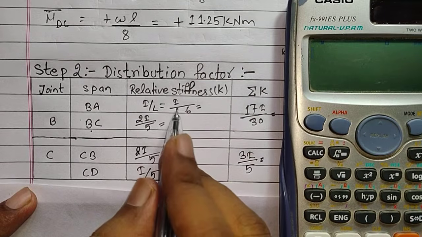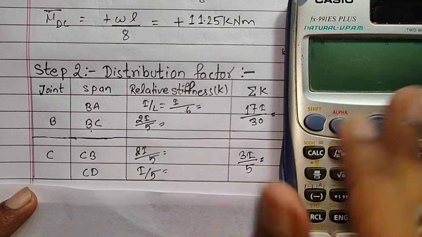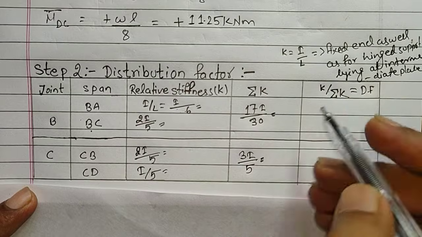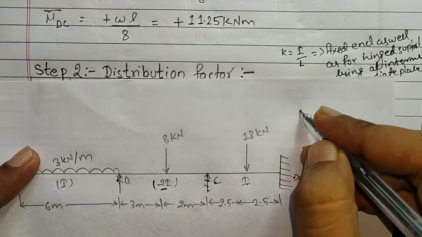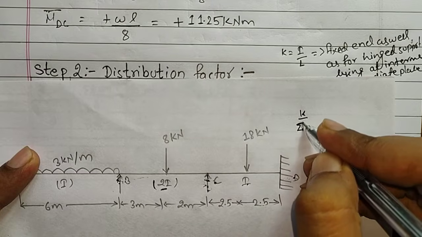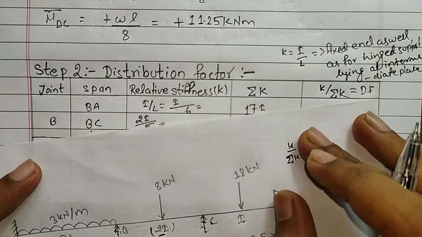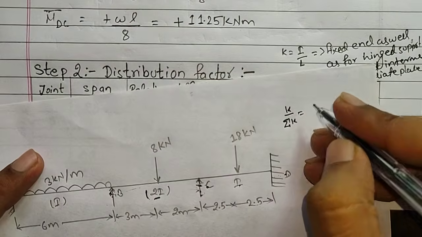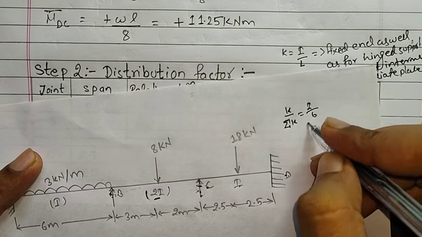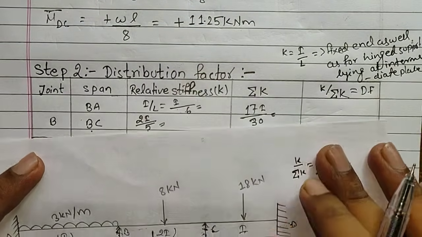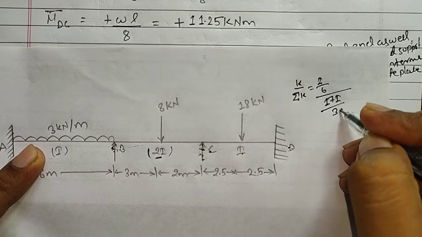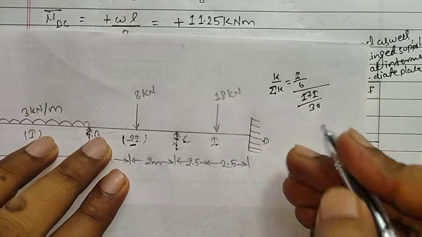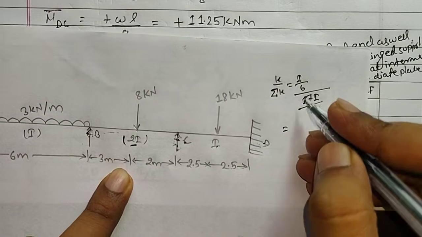As we have here 1 by 6, so on dividing k upon summation k, see here guys, k by summation k. If we take the value of k, that is I by 6 by summation k. Summation k is 17I by 30. So for dividing, this will get interchanged into multiplication.